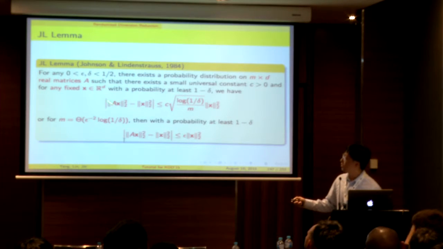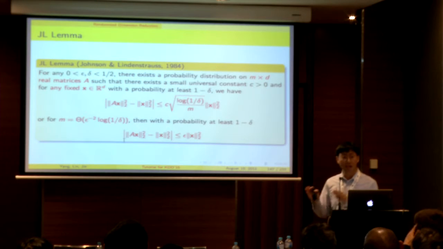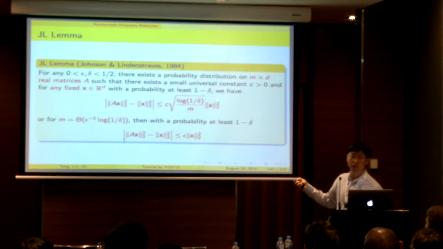If you compute the squared Euclidean norm after the transformation by A and compare it to the squared Euclidean norm of the original vector x, you will see that the difference is very small. It is bounded, with high probability 1 minus delta, by the square root of log of 1 over delta divided by the value of the reduced dimension.